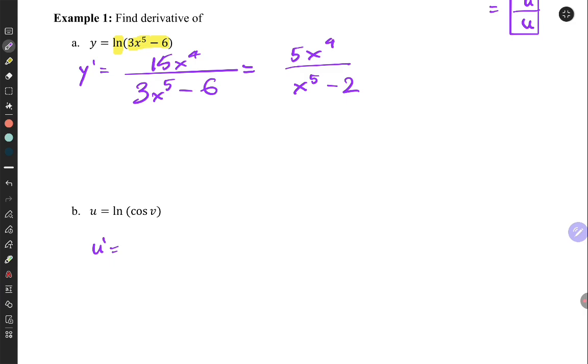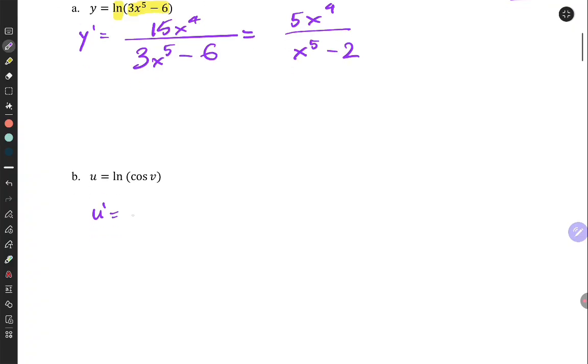So put this one down first, and then the prime of that.